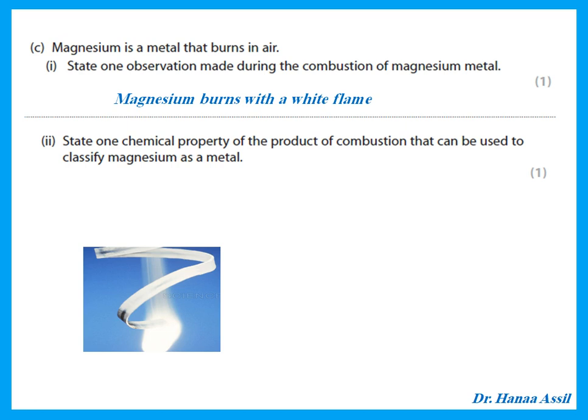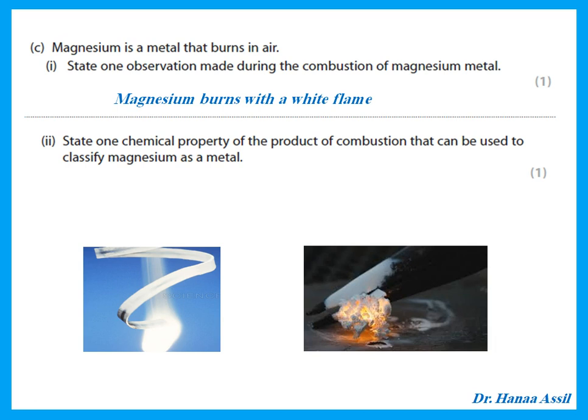And then state one chemical property of the product of combustion that can be used to classify magnesium as a metal. When magnesium burns in oxygen, of course, it gives magnesium oxide. And by the way, if I'm asked what is the appearance of magnesium oxide, you should know that it is a white solid or a white ash.